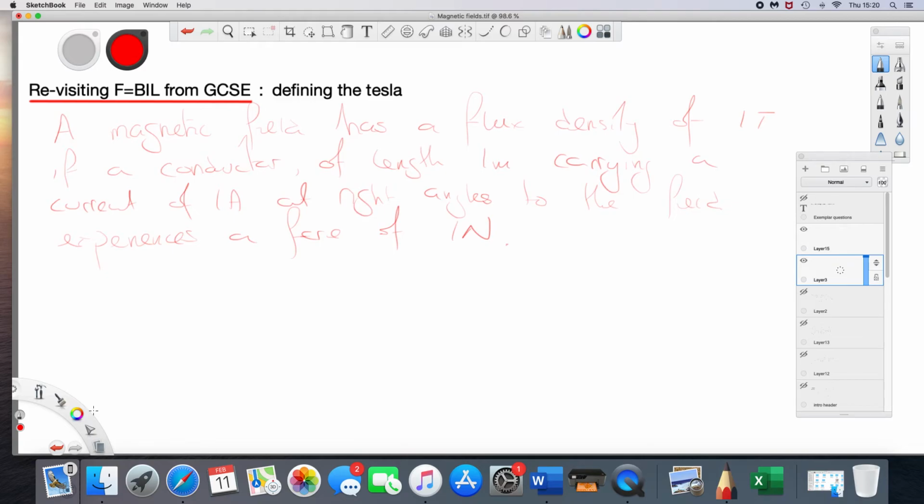We also earlier talked about flux. We said B is flux density. We said that phi is the number of field lines per meter squared, and phi then is B times A. And this is Webers per meter squared.